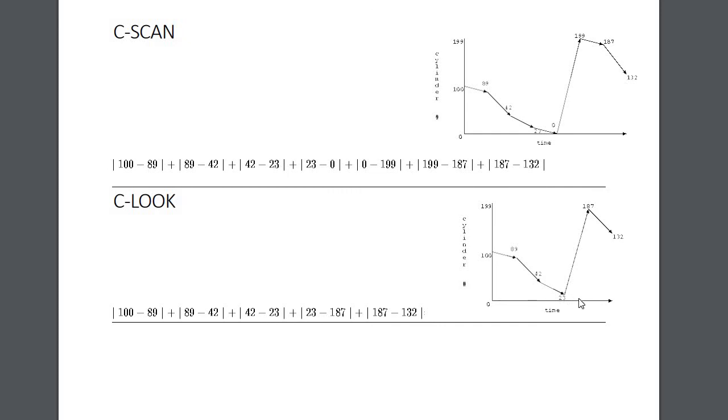It does not go down to 0 and bounce back to 199, which we have seen in C-SCAN. So it eliminates the boundary bouncing cylinders. So it reduces the complexity, and you can see that two particular blocks of reading are not required in C-LOOK. So it is technically more optimized in comparison to C-SCAN.